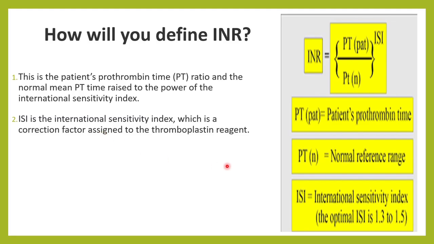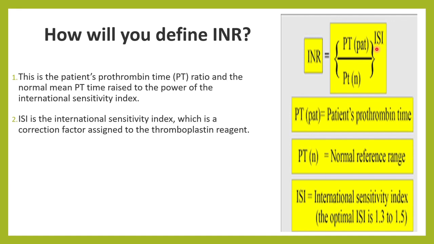So now how will you define or calculate this INR? This INR is the patient's prothrombin time over the normal mean PT, which is raised to the power of the International Sensitivity Index. So what is this International Sensitivity Index?